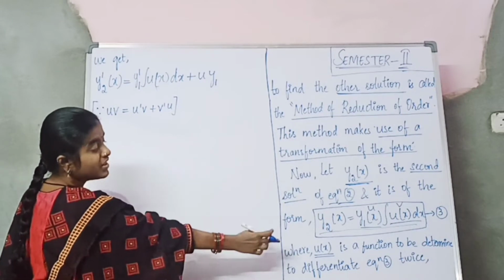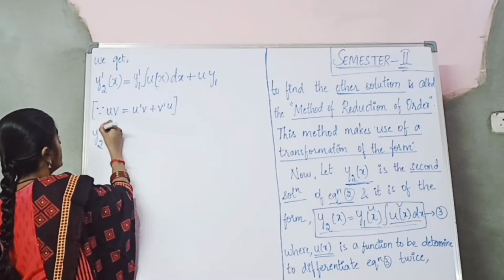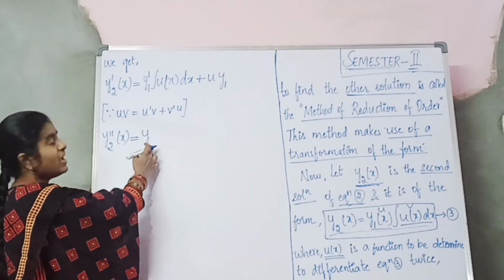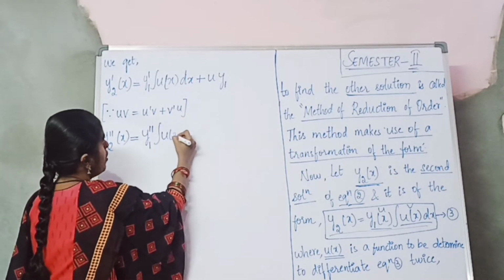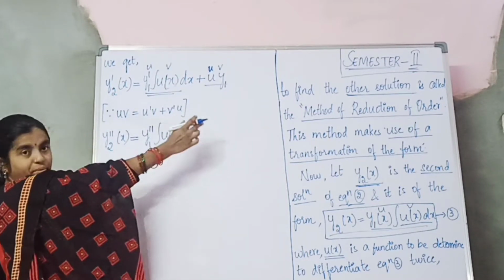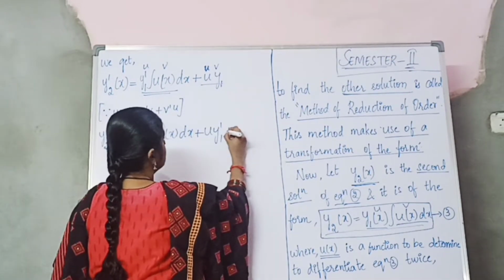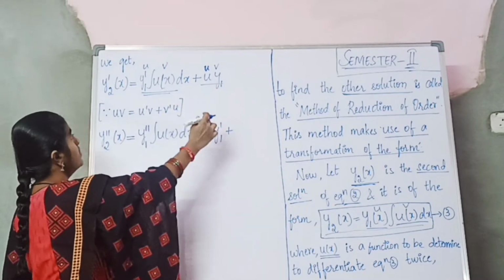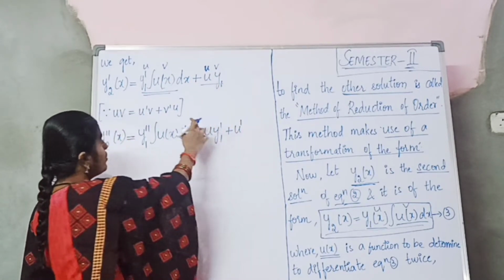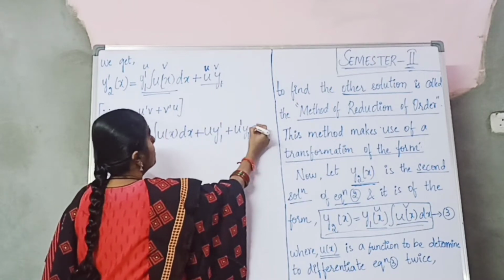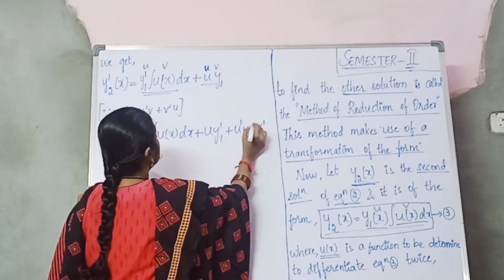Now we differentiate again. y2 double dash of x equals, applying the UV method again, y1 double dash into the integral of u of x dx plus u y1 dash plus u dash y1 plus y1 dash into u.